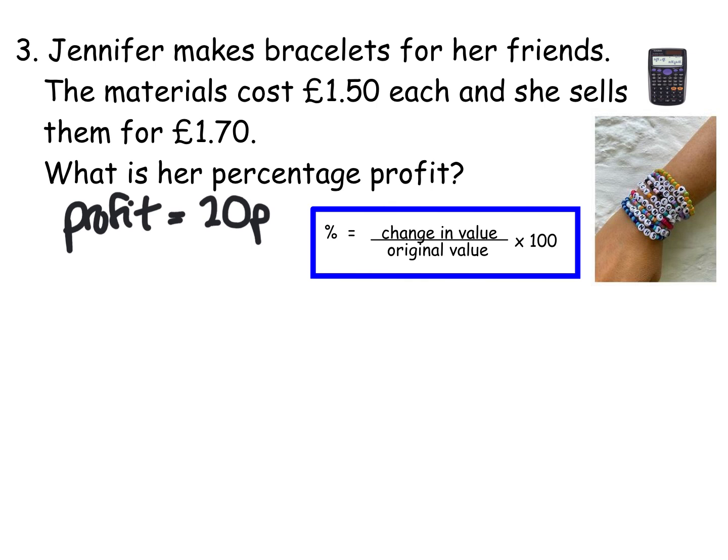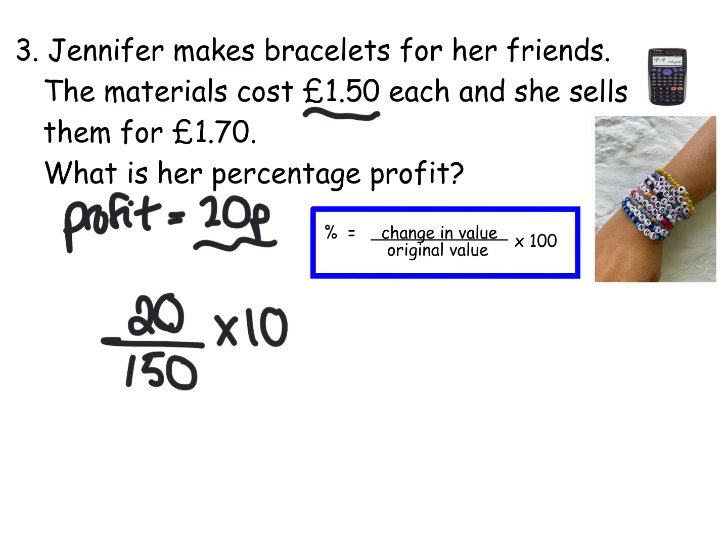So when I come to use the formula here, there's an issue. We have got pence and we have got pounds. You need to make sure all your numbers are in the same units. So you have a choice, turn them all to pennies or turn them all to pounds. It really doesn't matter, but you have to be consistent. So I'm going to do it as pennies. That would be 20p out of 150p that she paid, and then times that by 100. Or actually, I'll show you both ways.